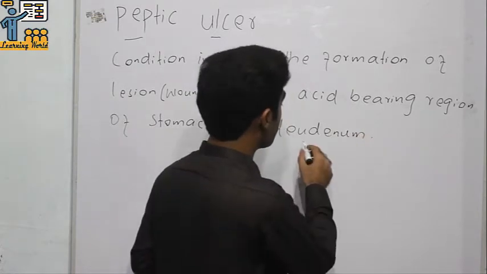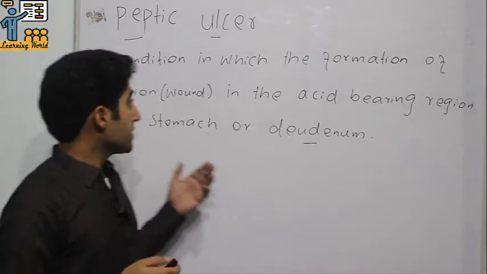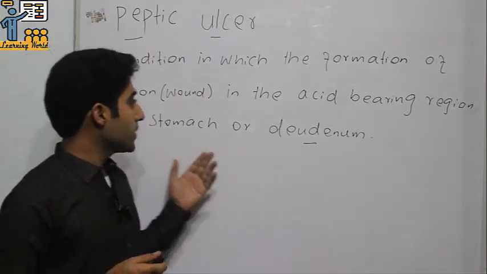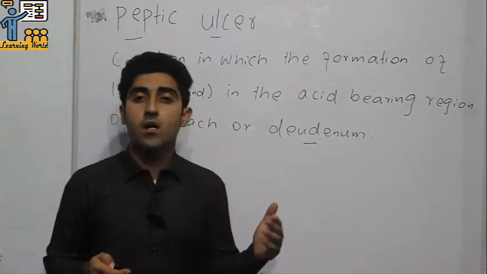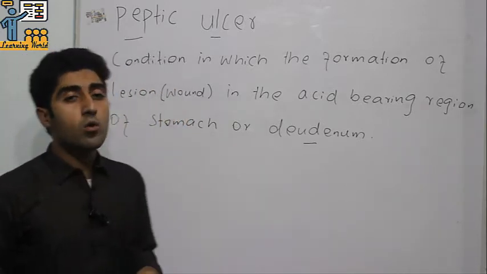As we know, the duodenum is the first segment of the small intestine. This is the basic introduction about peptic ulcer.